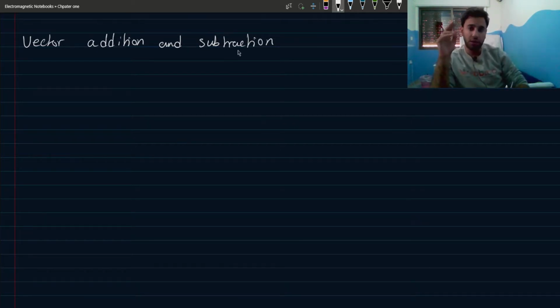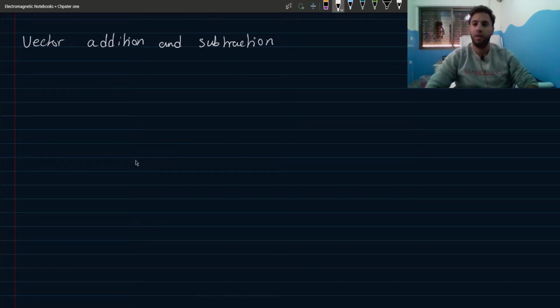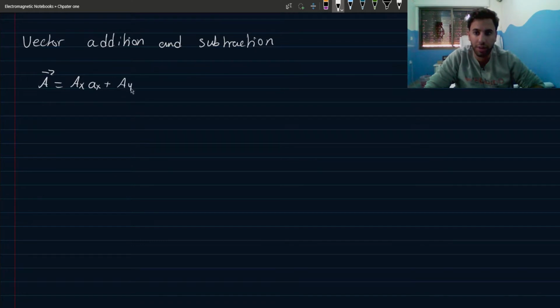So how to add two vectors? Well, let's say we have a vector A, and vector A has a component in the x direction, a component in the y direction, and a component in the z direction.